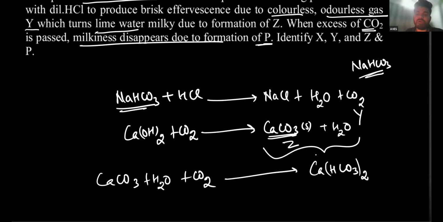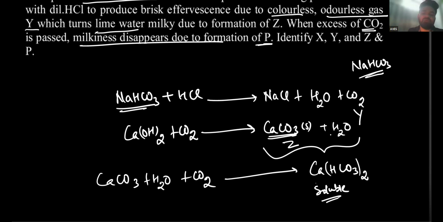Why? Because calcium carbonate is insoluble, and calcium hydrogen carbonate is in aqueous form, that is, water soluble. When something water soluble is formed, its color will not be visible to you. For example, if you dissolve white salt into water, the color of the water will not change, because it goes into the intermolecular space.